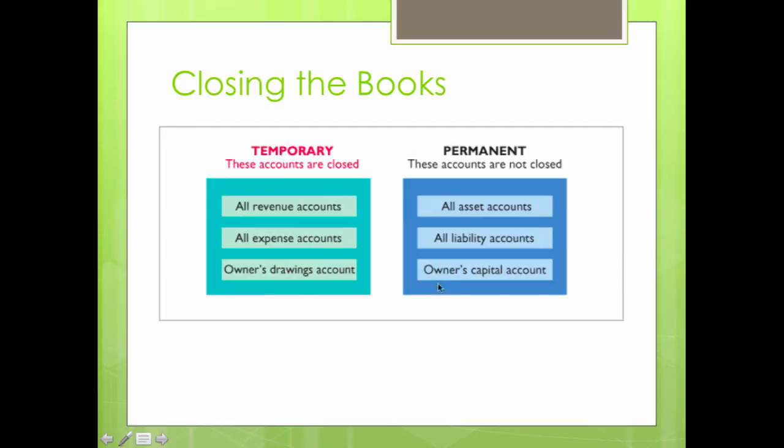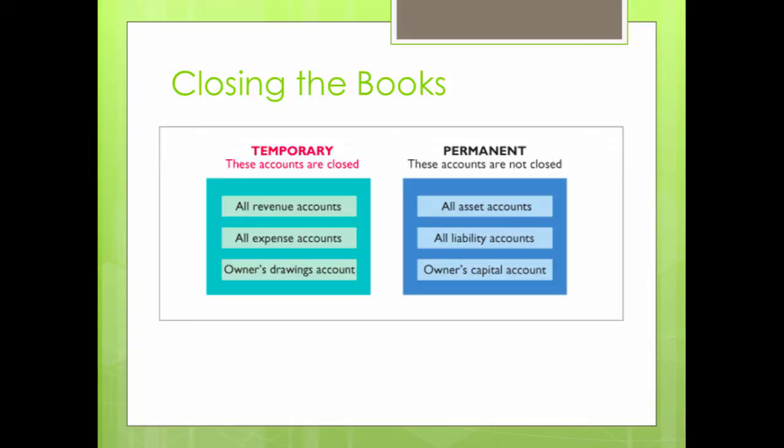Permanent accounts, on the other hand, relate to one or more future accounting periods. So permanent accounts are not closed from period to period, only temporary accounts. Instead, the business carries forward the balance of permanent accounts into the next accounting period where it rolls over.